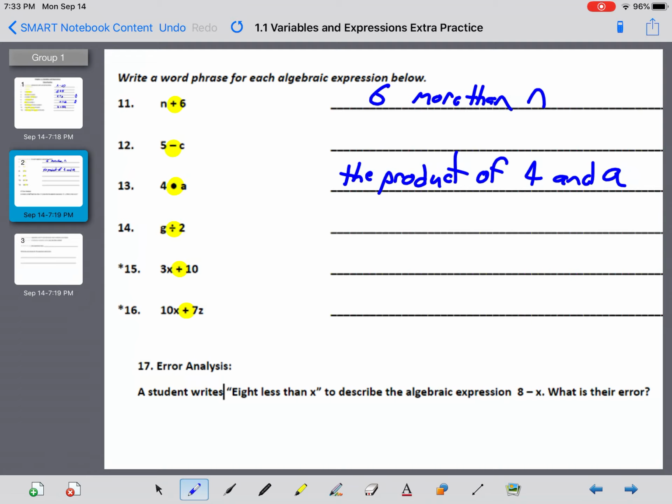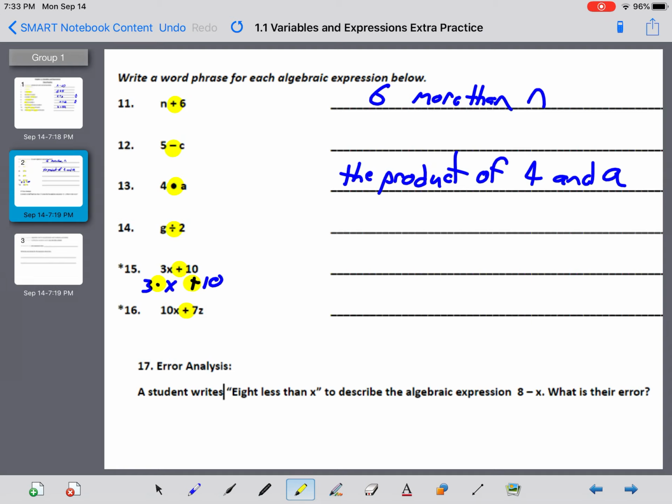All right, number 15, a little more difficult. I do see a plus sign in number 15. However, I see a 3x in the front. There's really a hidden multiplication in there. Tried to put it in, but let me write it underneath. So this could really be viewed as 3 times x plus 10, which means we have two operations here, multiplication and addition.